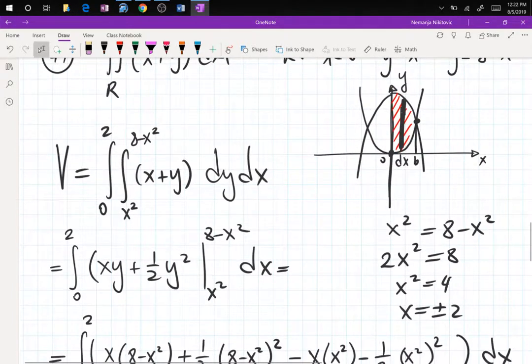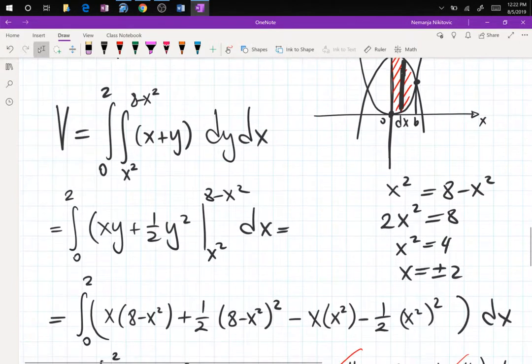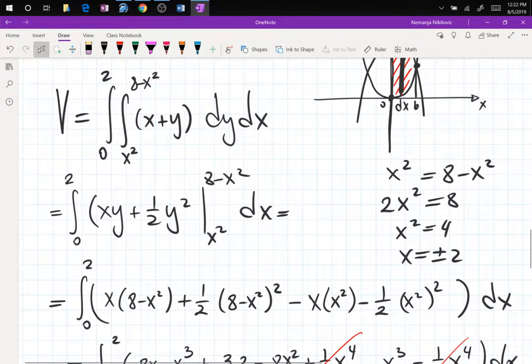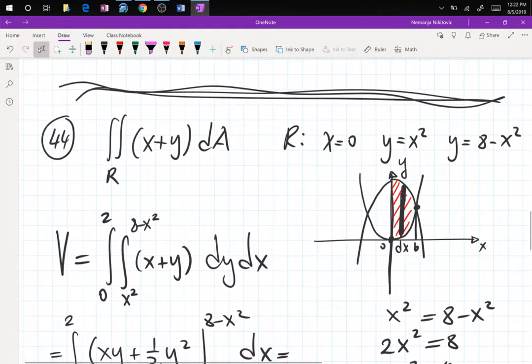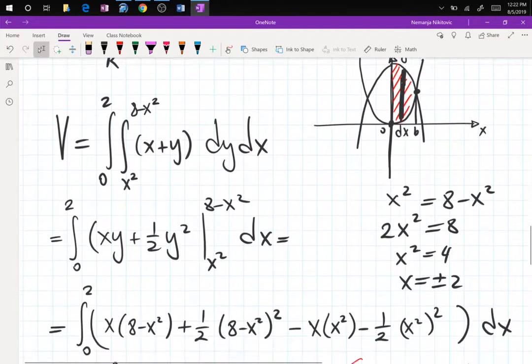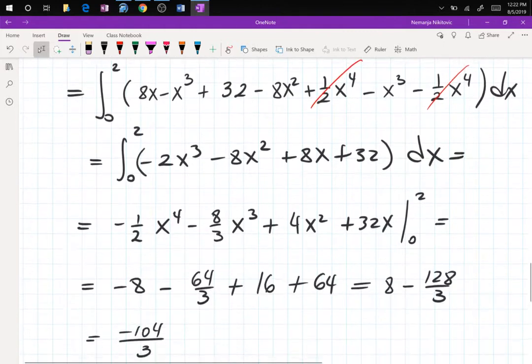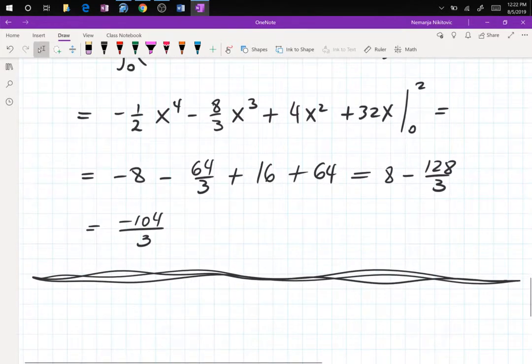Now, I think you can work these out in Mathematica as well. So try typing in a double integral and see what you get, especially since you need it for your lab as well. Yes? Why is it that we found x equals plus minus 2 but we're just using positive?